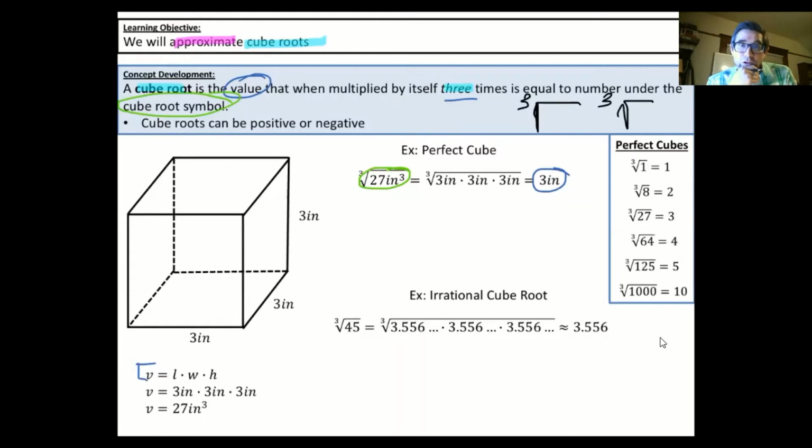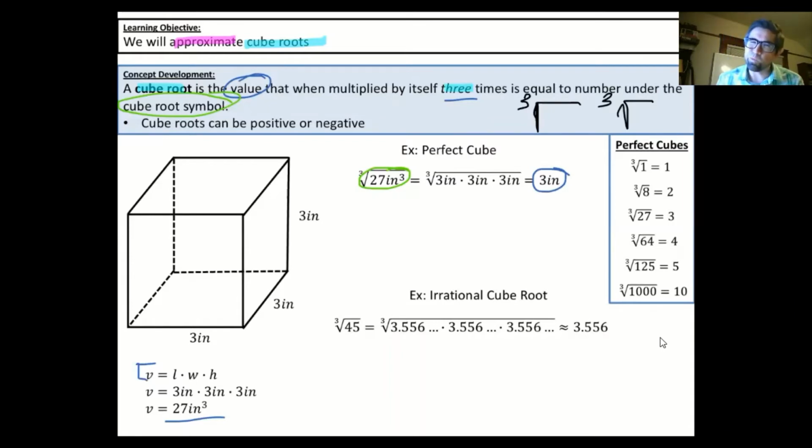Well, if I know the volume, let's say the volume is 27 inches cubed, if I wanted to find one of the lengths, I would take the cube root of that volume in order to find it. So it's very helpful to think about a cube root and a cube as being inverse or backwards from each other. So one more time, a cube root is when I have a number multiplied by itself 3 times gives us the number under the radical symbol.